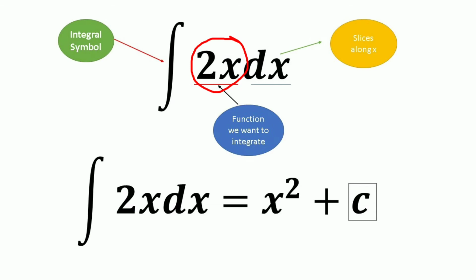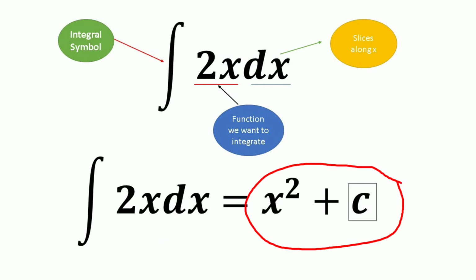So here 2x is the integrand, and then we finish with dx, which means that the slices go in the x direction and approach 0, which is simply the variable of integration. And here see how we write the answer. The integral of 2x is equal to x squared plus c.